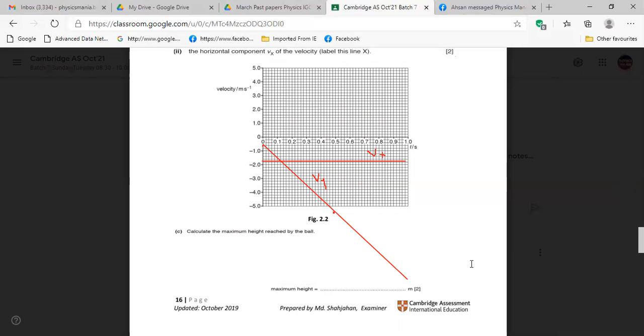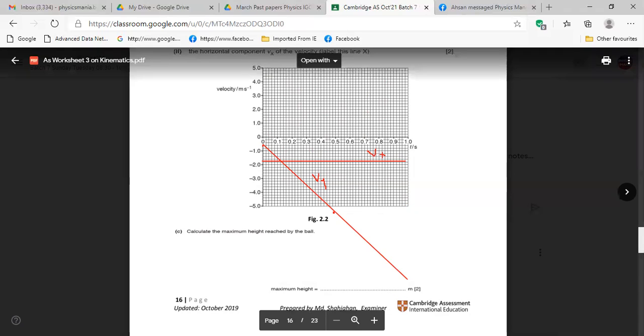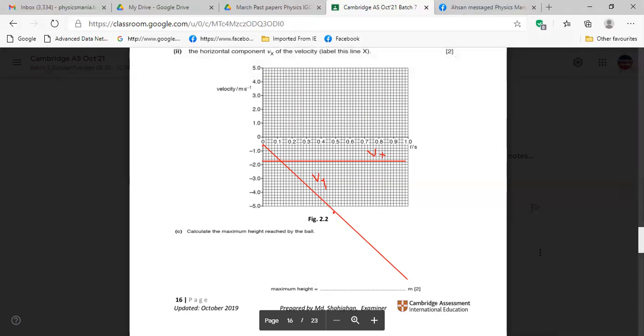Maximum height. This is a velocity time graph, right? So how can you get maximum height? From the velocity time graph you can find it, right? You have the formula: area under the graph, you can get the distance or displacement.